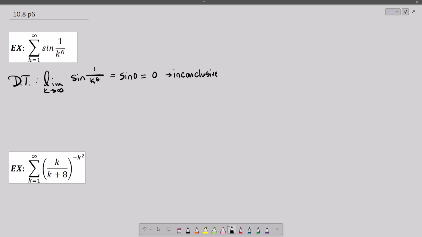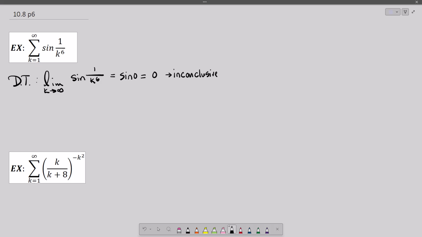We'd have to let u equal the inside, 1 over x to the 6. The derivative would be negative 6x to the negative 7, and there's no extra x's on the outside that would allow substitution to work. So we're not going to be able to integrate it because that's too complicated.